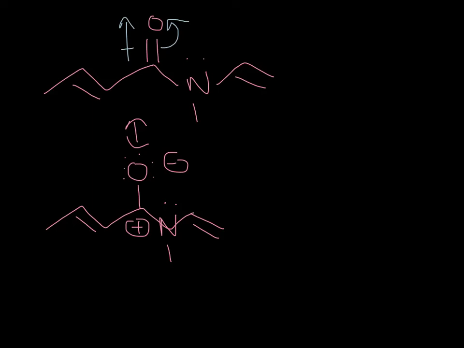Adjacent to that positive carbon on either side is either a lone pair of electrons or a pi bond. Either of those are available for participating in resonance. First I'll take this pi bond, so that would fold in and give me a new double bond there.